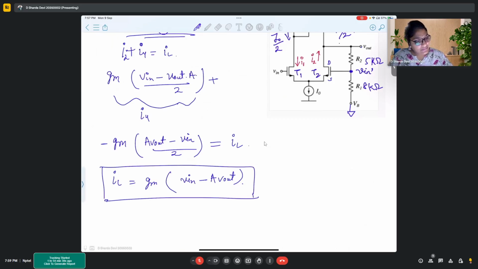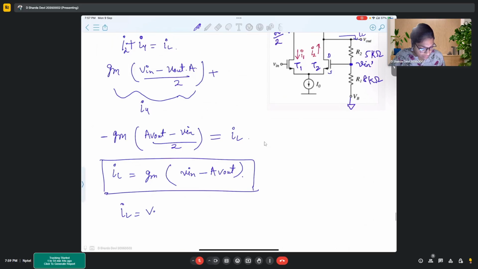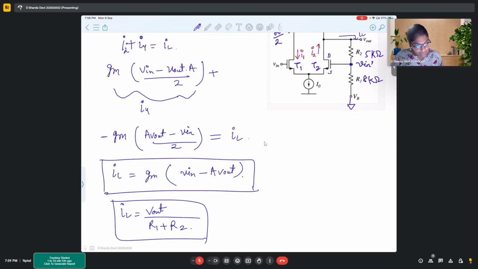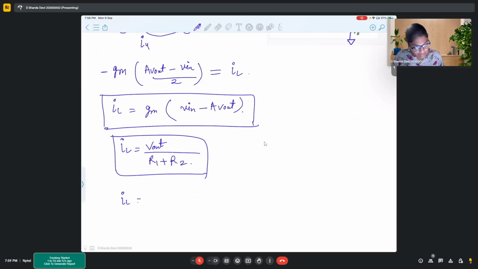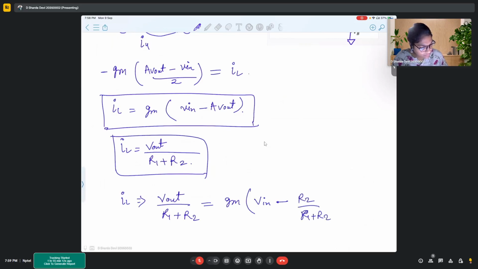Now if we look at this, so this is IL, right? IL can also be written as V out upon R1 plus R2, correct? This will also give us IL, and both the IL need to match. So it will be V out upon R1 plus R2 equal to GM Vn minus R2 upon R1 plus R2 V out.